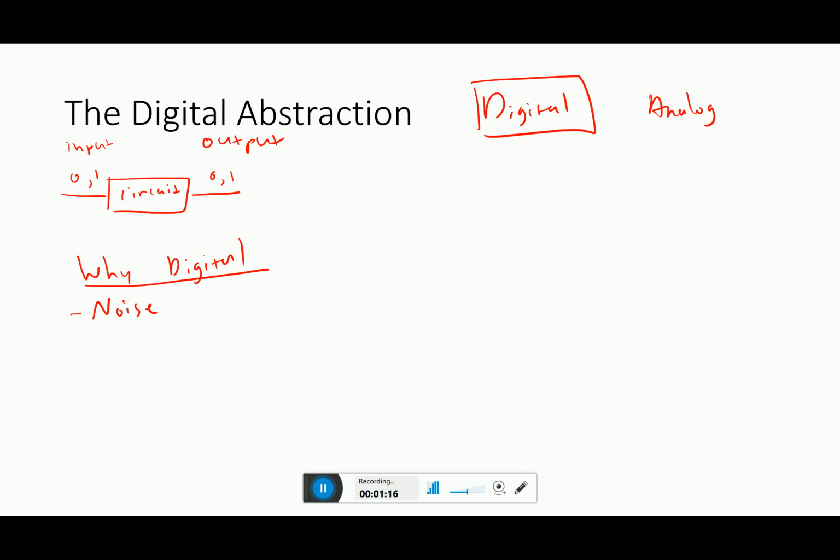So, let's say, for example, on your input side of your circuit, suddenly a cosmic ray appears, and instead of a 0, you get a 0.2 as your input. What do we want our output to be? Well, we want our output to still be a 0 or a 1. And that's what digital circuits allow us to do.